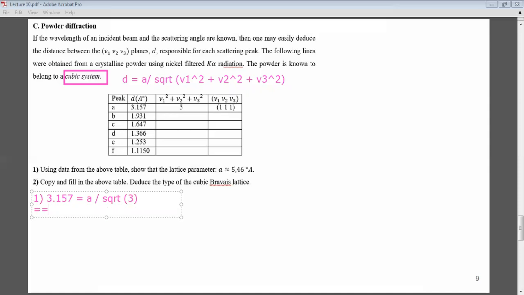Okay, this implies A is equal to 3.157 times the square root of 3, and this gives me A equal 5.46. So we solved the first part.